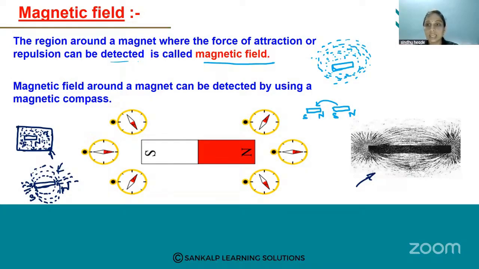We know that a magnet attracts iron particles, right? Or a magnet attracts iron substances. So that is why all this iron is attracted near the magnet and gets arranged like this.